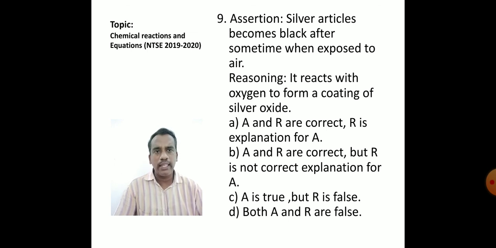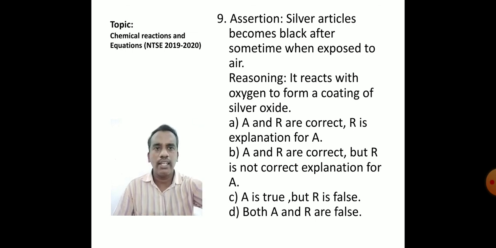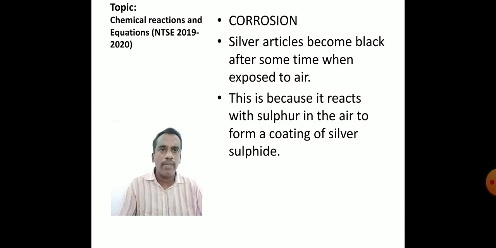So the assertion is a true statement, silver articles are becoming black, but the reasoning is not the correct explanation for the assertion. Silver articles become black after some time when exposed to air. This is a process of corrosion. This is because it reacts with sulfur in the air to form a coating of silver sulfide, but it is not forming silver oxide.